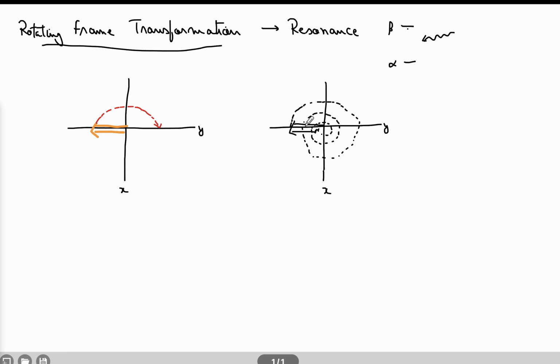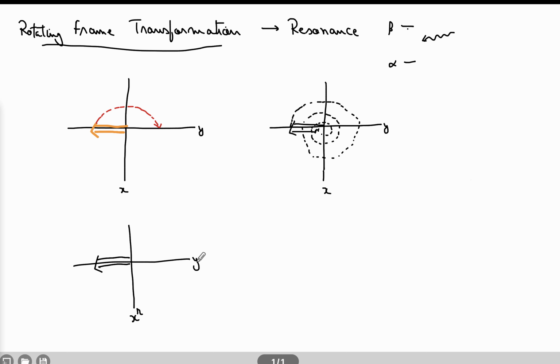So let us not consider any T2 or T1 relaxation. Let us just consider that the magnetization is precessing in a circular fashion. In this particular case, you move to something called the rotating frame.